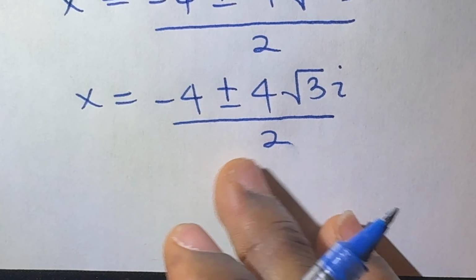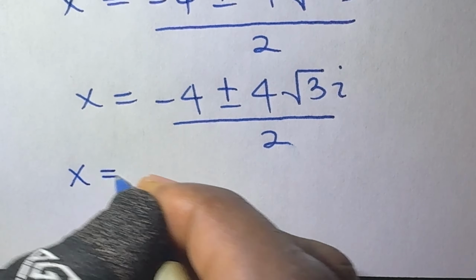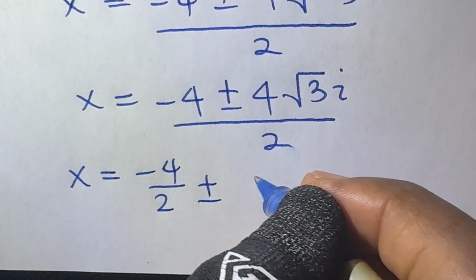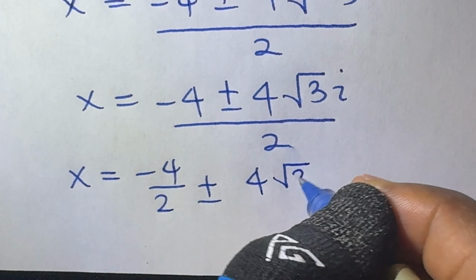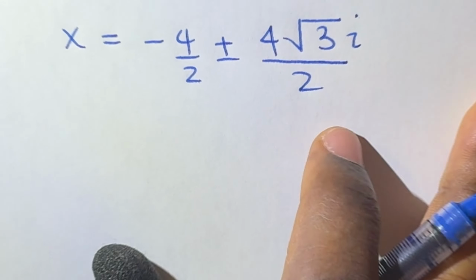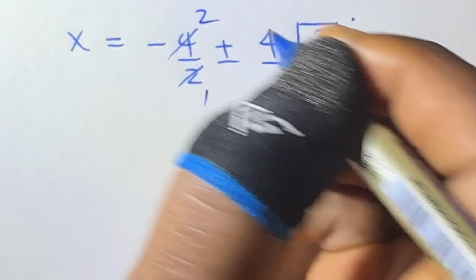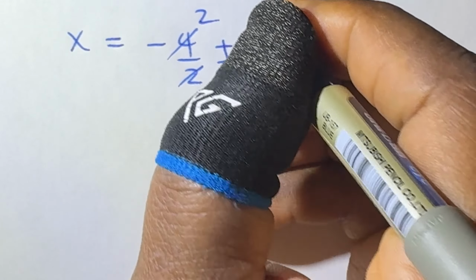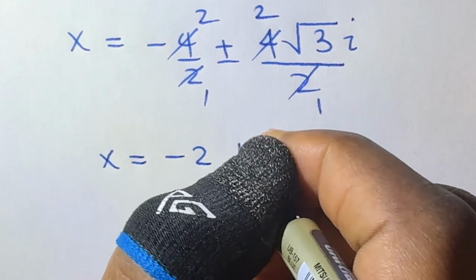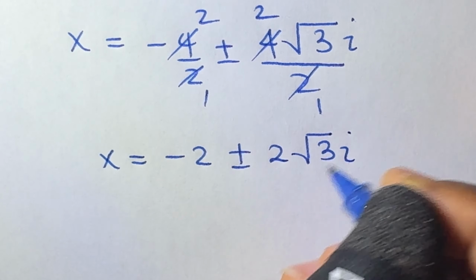So we already have two solutions here, but we can separate into x is equal to minus 4 over 2 plus or minus 4 root 3i over 2. 2 here is 1, 2 here is minus 2, 2 here is 1, 2 here is 2, giving us x is equal to minus 2 plus or minus 2 root 3i.